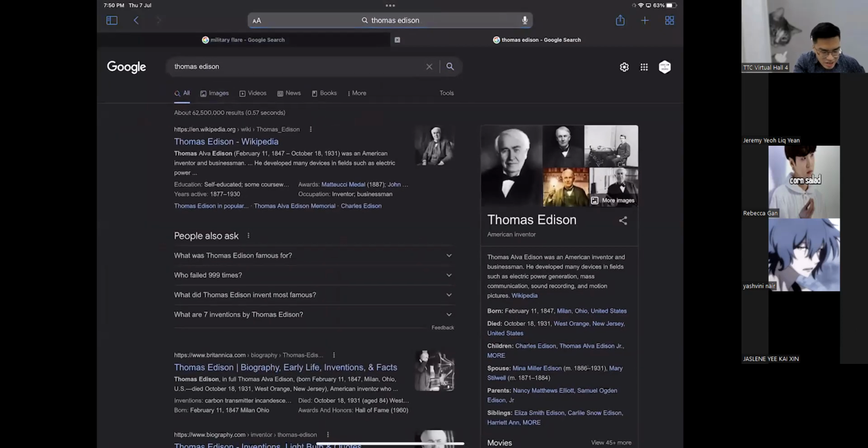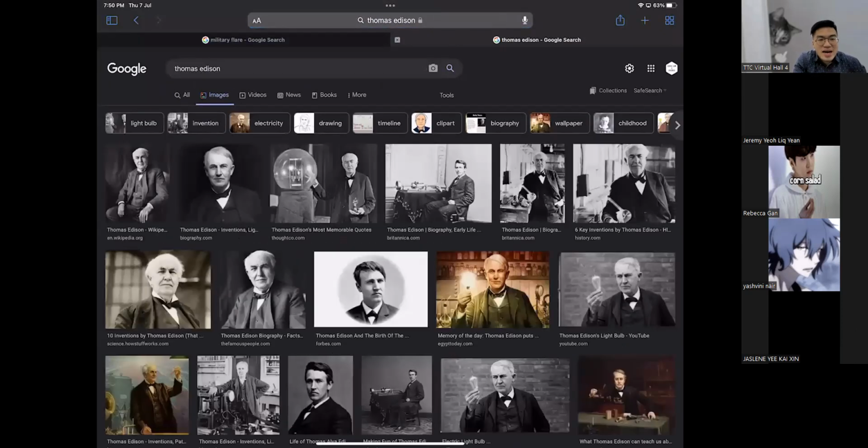So-called the inventor of the light bulb lah. Guys, he did not invent the light bulb. He took someone else's design, he improved it, and he copyrighted it, and he earned billions from it. He's a major asshole. And he actually pushed for DC.